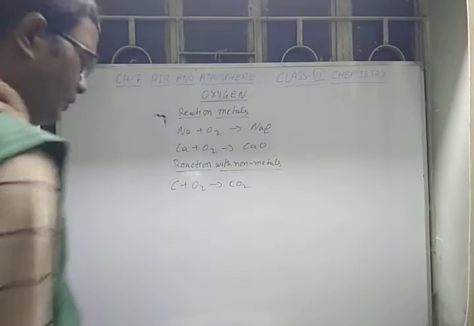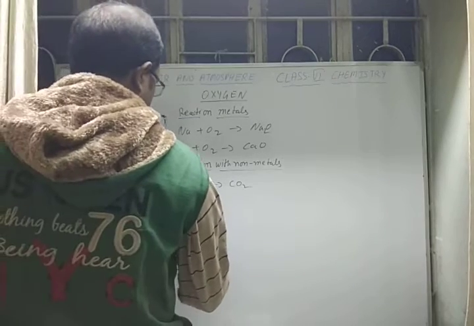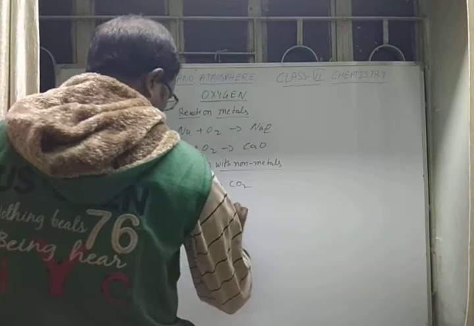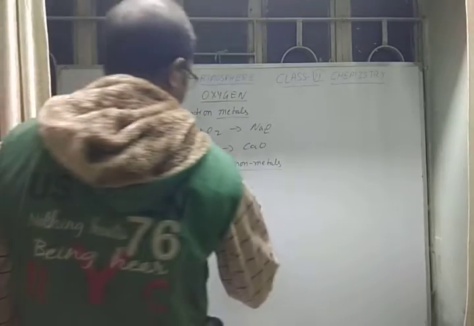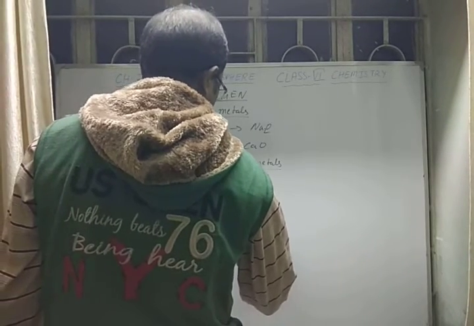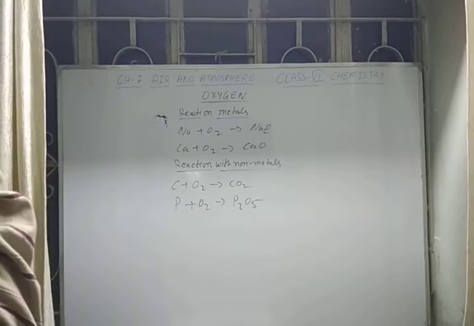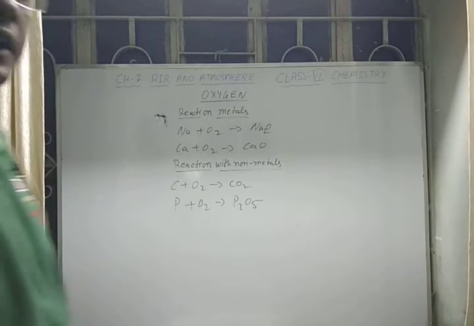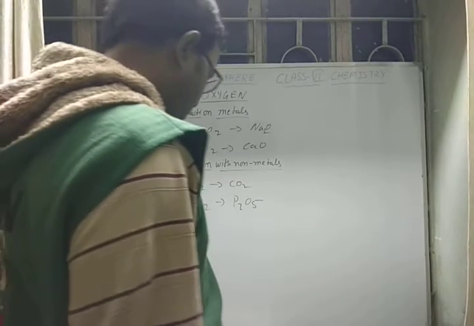Very simple example. Similarly, phosphorus reacts to give phosphorus pentoxide, that is P2O5. So in this way we can see that oxygen also reacts with non-metals to form non-metallic oxides.